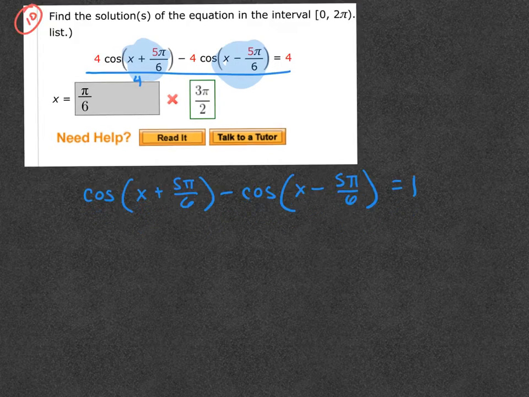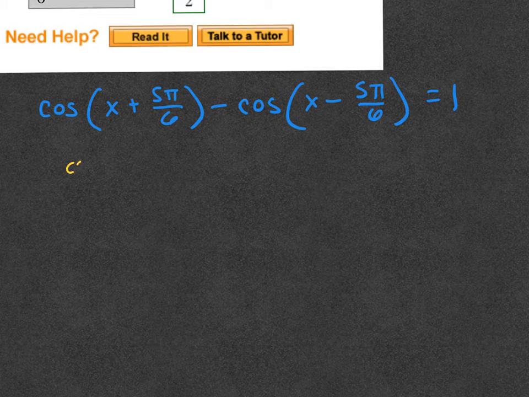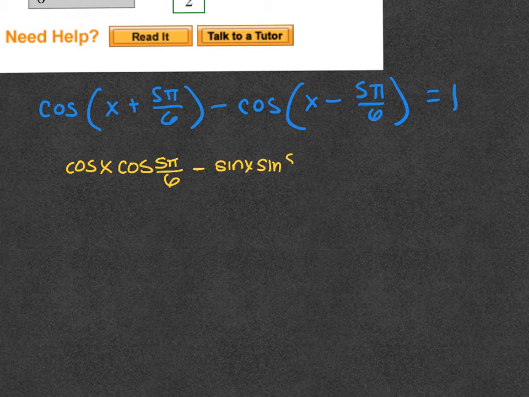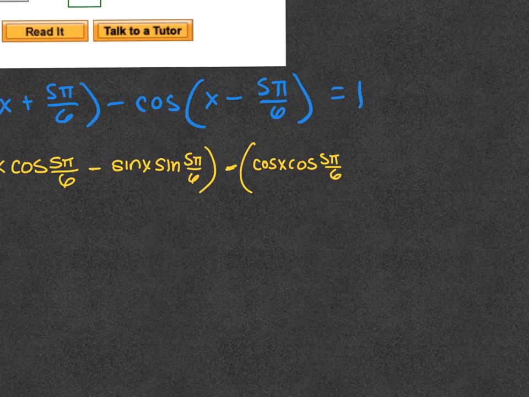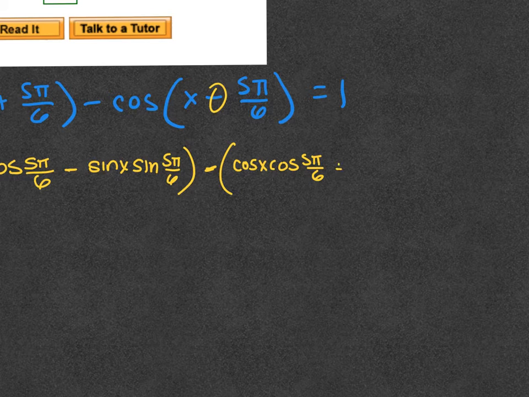So then this is a sum with cosine. The pattern there is cosine, cosine. Positive, negative changes, so it's minus sine of x, sine of 5 pi over 6. That's that whole first one. Then it's minus, again, cosine, cosine. That's a minus, so it becomes plus sine, sine, equals 1.